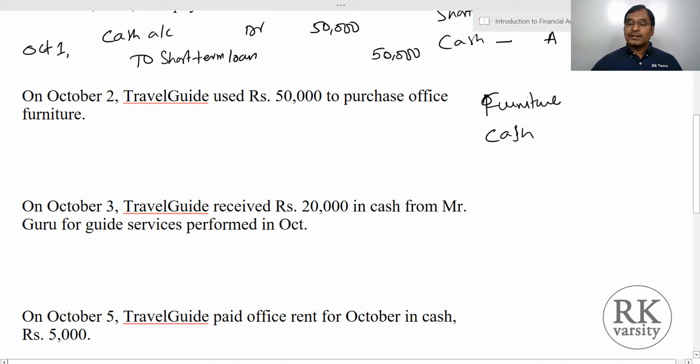Furniture is what the organization purchases and owns. So when it owns, this is an asset, and cash is also an asset. What is happening with the furniture? There is an increase in the furniture because you purchased the furniture. And you paid in the form of cash, so the cash is decreasing.